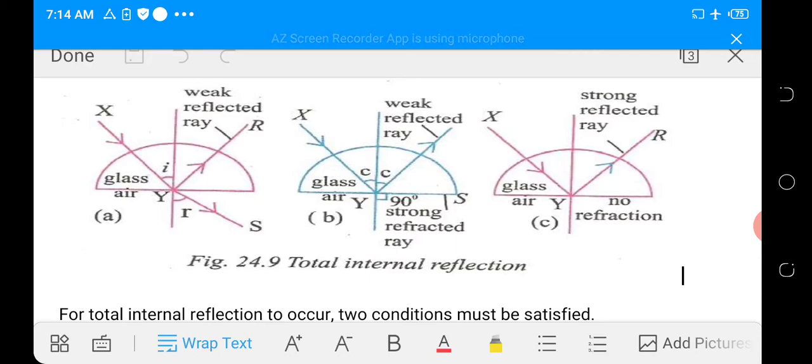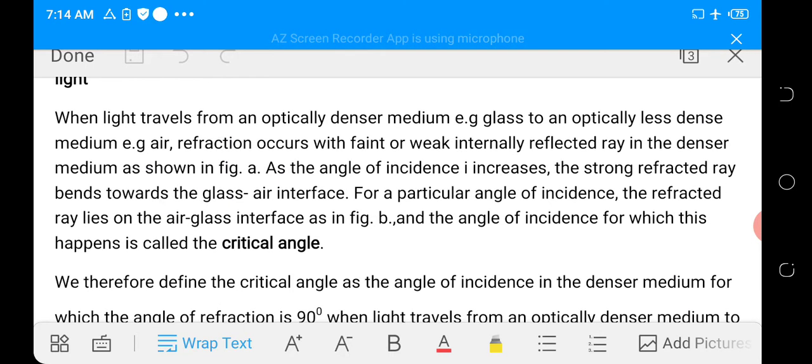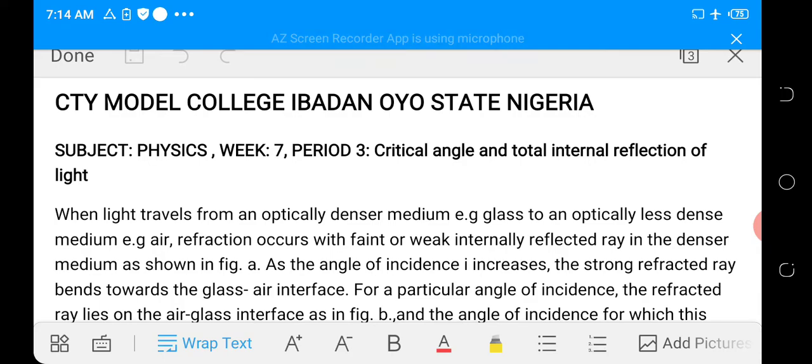So now let's run through what is written. When light travels from an optically denser medium, e.g. glass, to an optically less dense medium, e.g. air, refraction occurs with a faint or weak internally reflected ray in the denser medium as shown in figure A. As the angle of incidence increases, the strong refracted ray bends towards the glass to air interface.